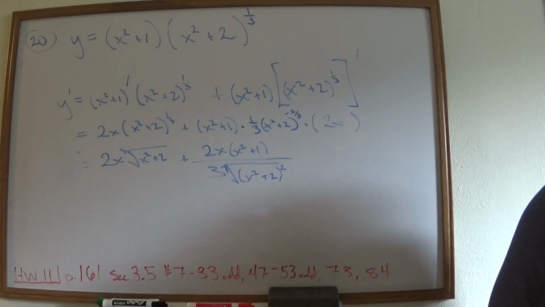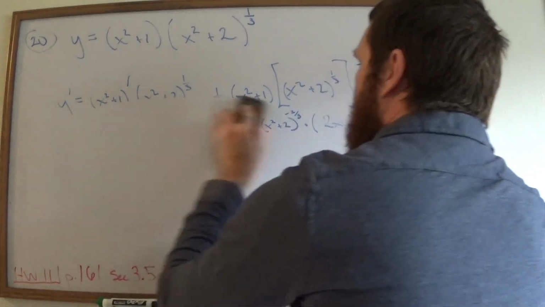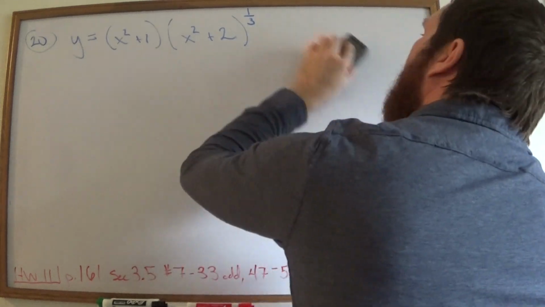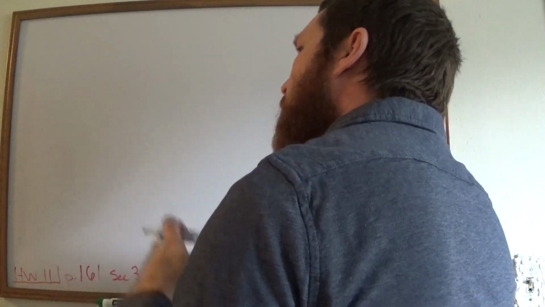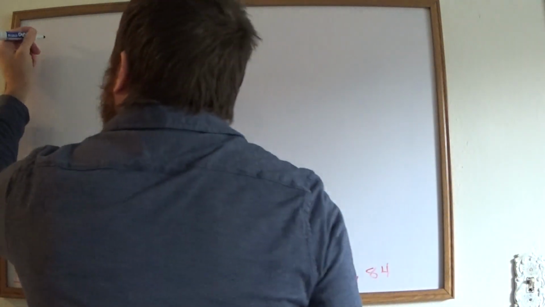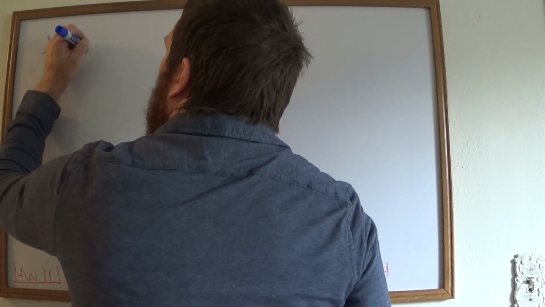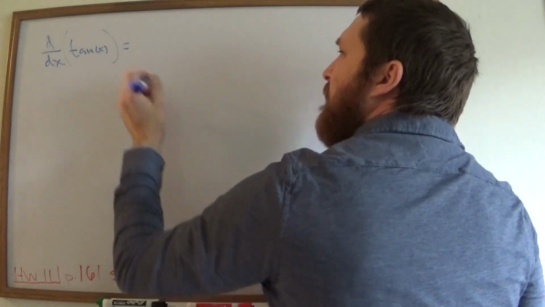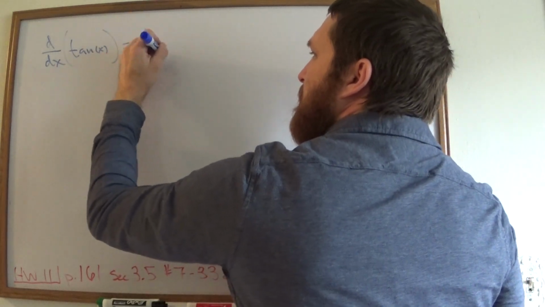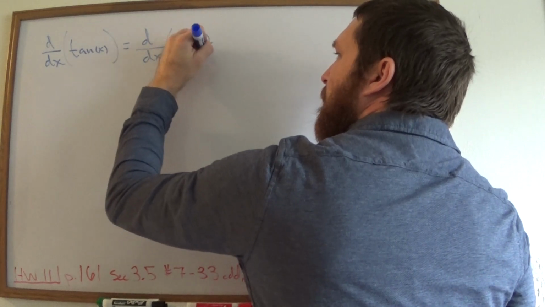Okay, here's something interesting. Actually, I want to make sure we have time to do this. Let's recall last time we did this. We said the derivative of tangent is the same thing as d/dx of sine over cosine.